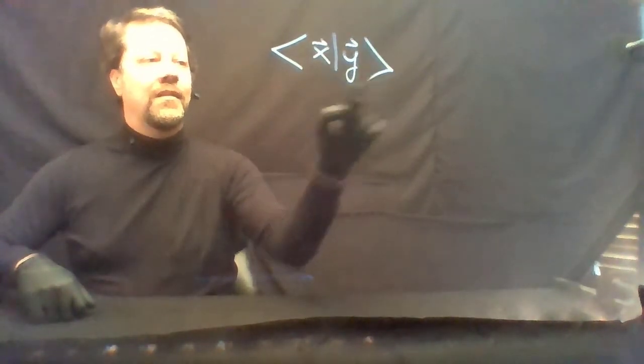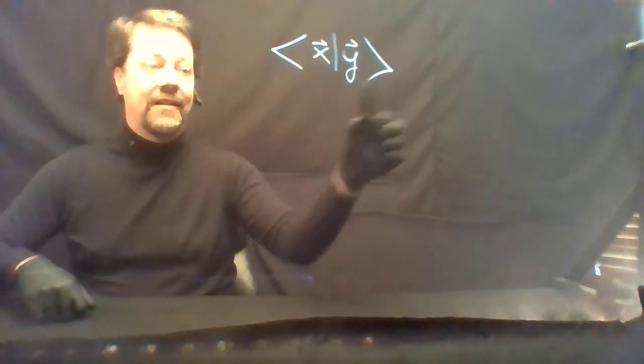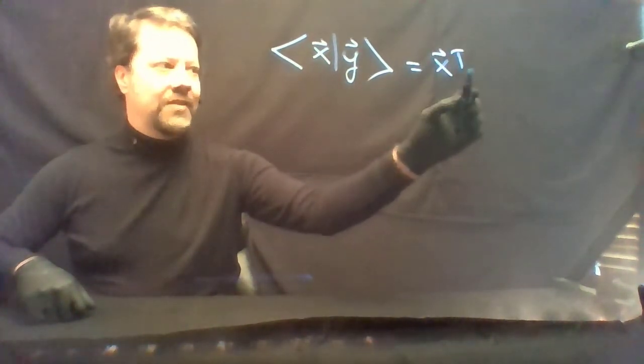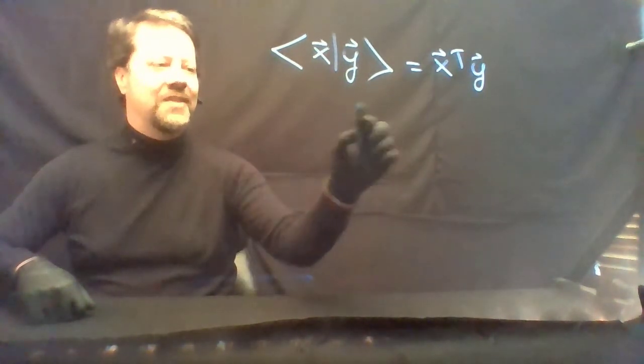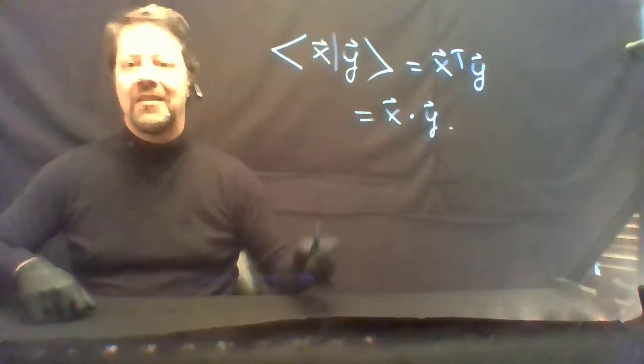With the bra-ket notation, when we write angle bracket x vertical bar y angle bracket, that is x transpose y, or conjugate transpose in the case of complex entries, which gives you the Euclidean dot product.